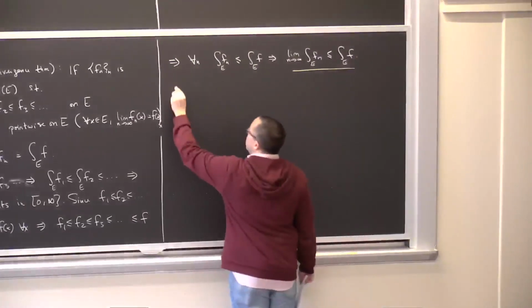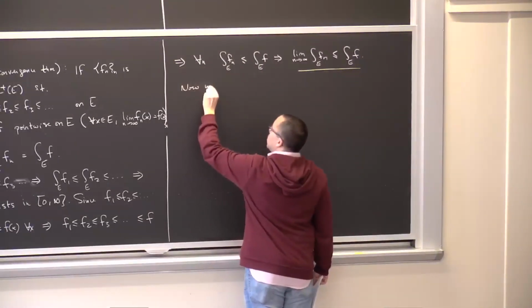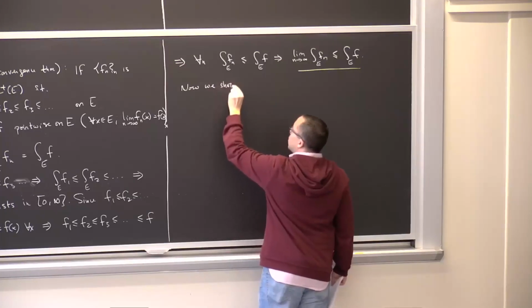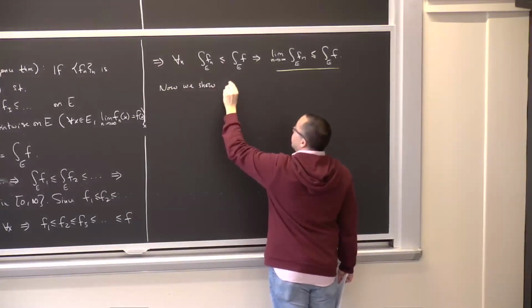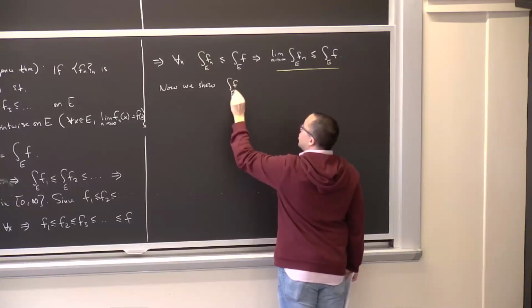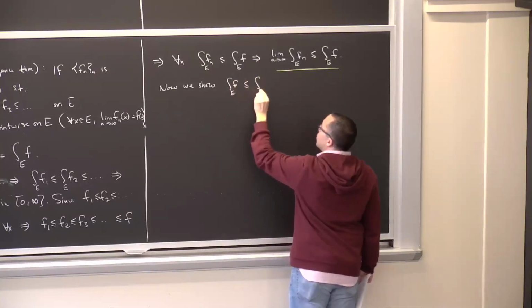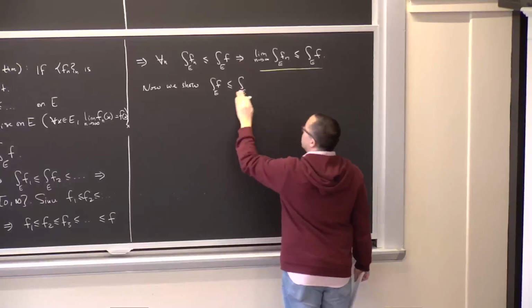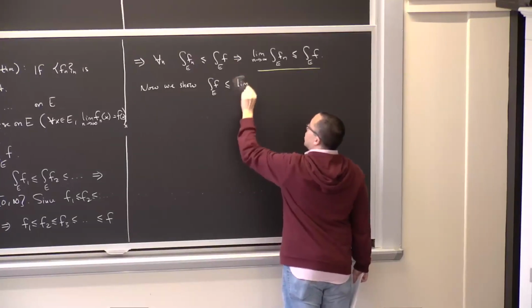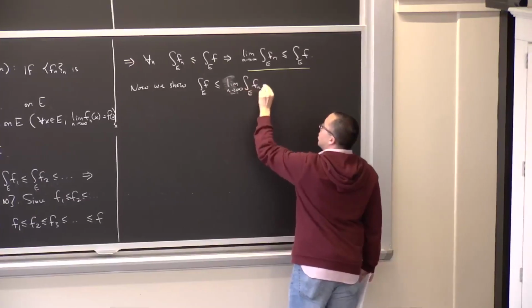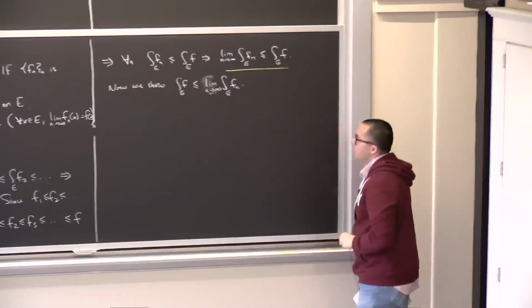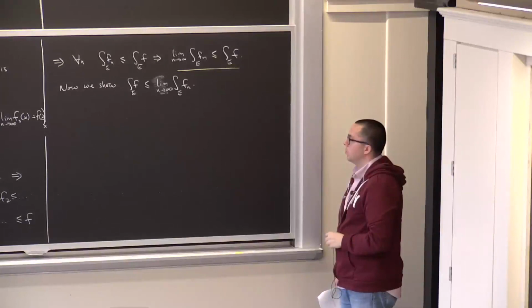So now we show that the integral of f over E is less than or equal to the limit as n goes to infinity of the integral over E of fn. Okay, and therefore the two are equal.